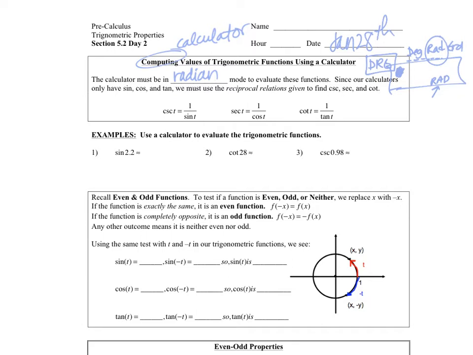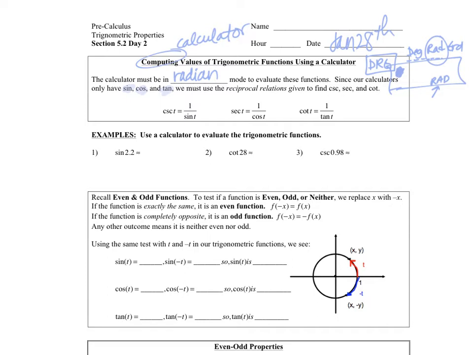Okay, now the next thing on your calculator is you only really have the big three, sine, cosine, tangent, keys. So in order for me to put other ones in there, like cosecant or secant or cotangent, we have to use reciprocal functions. So the reciprocal means that I flip my fraction, right?